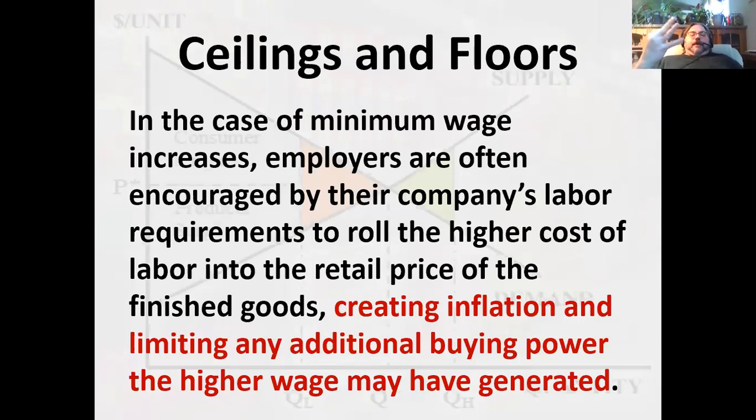Remember the three factors that go into determining production: land, labor, and capital. Labor is that middle factor. The cost of labor is added to the cost of raw materials, the cost of machinery and operating machinery, cost of utilities, cost of freight, cost of marketing and advertising.